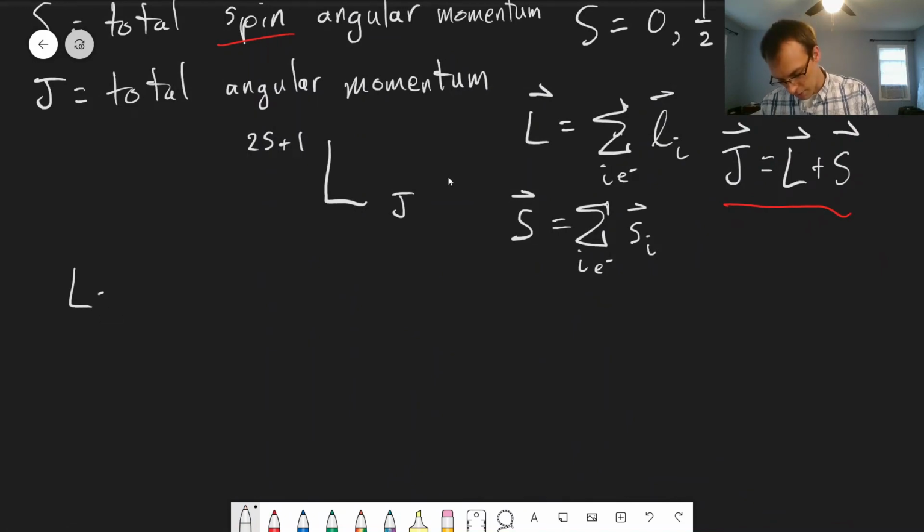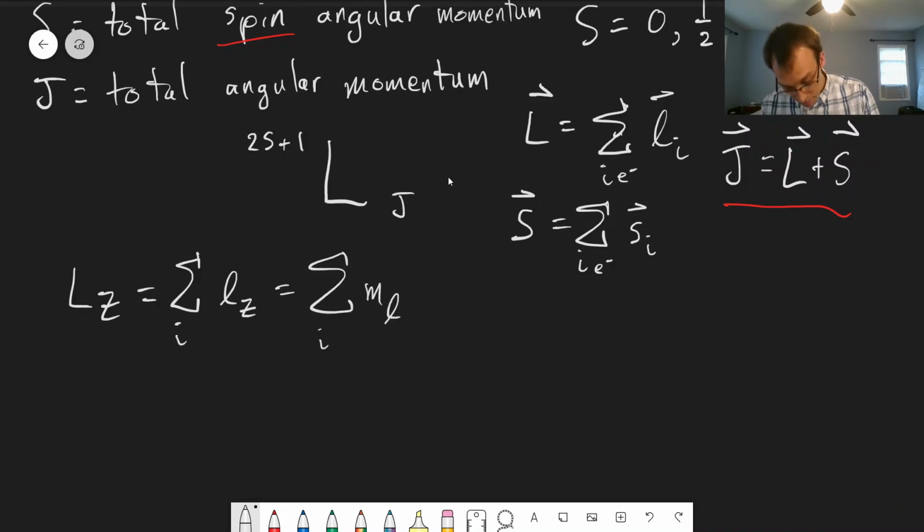We have capital L sub z, which is the sum of all the l sub z values for each individual electron, which is going to be the same as the m sub l values for each electron, and we give that the symbol capital M sub capital L. We can do the same thing for the z component of the spin angular momentum.